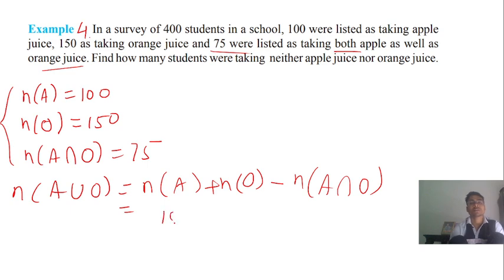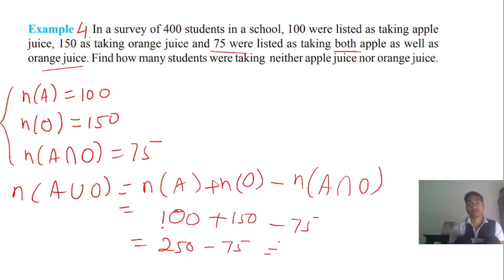So it is 100 plus 150 minus 75. That is 250 minus 75, which is 175.